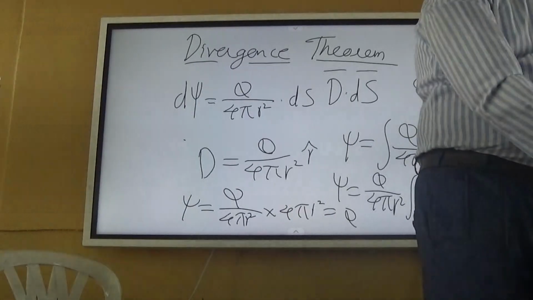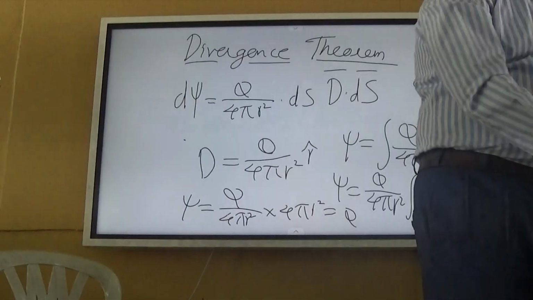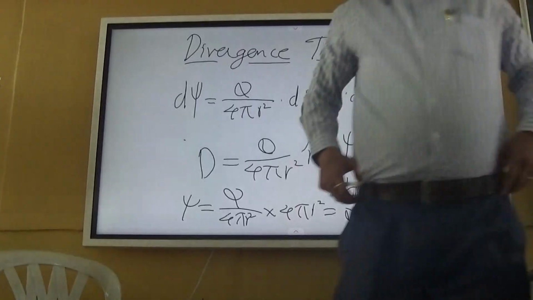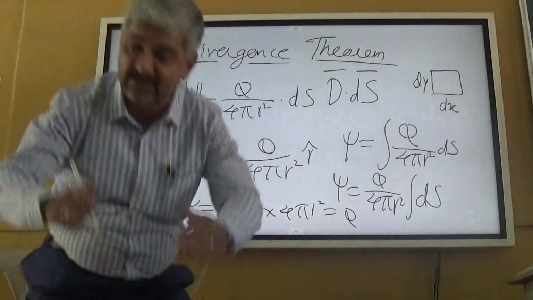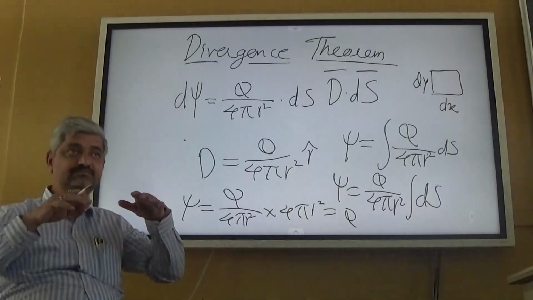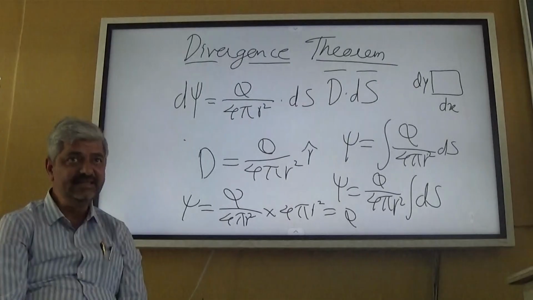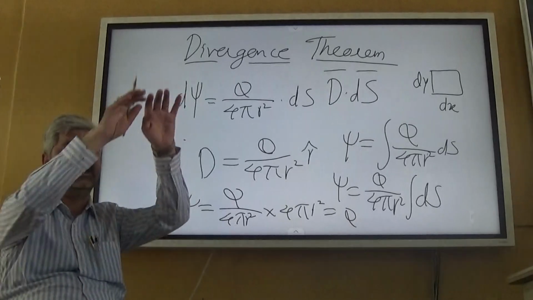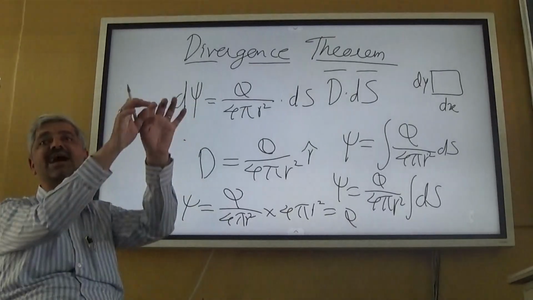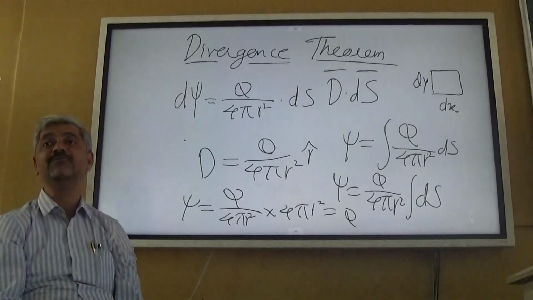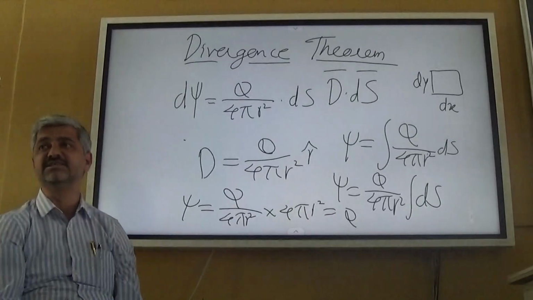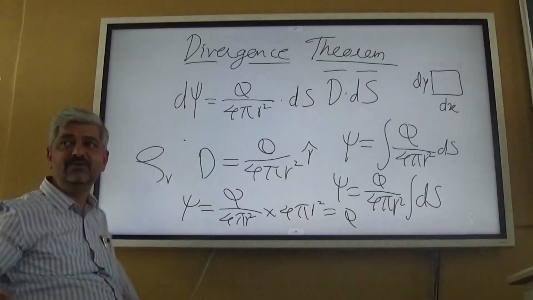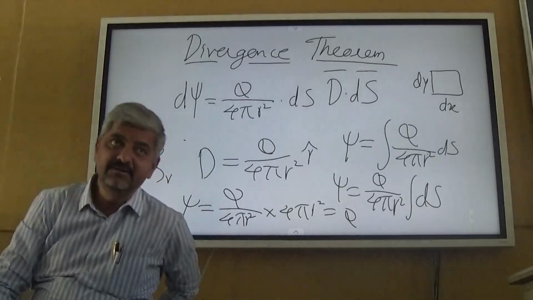At a point, there is no load, but over the line, there is some load. So when that load is different, the linear load density is different. Like that, electric charge is distributed throughout the volume. So in a given volume, some charge is there. So there is a concept of volume charge density rho v.